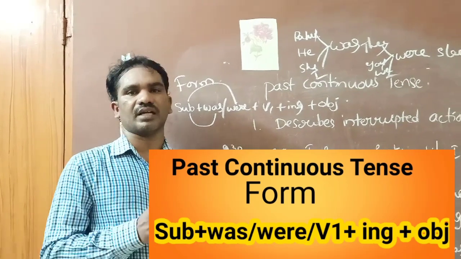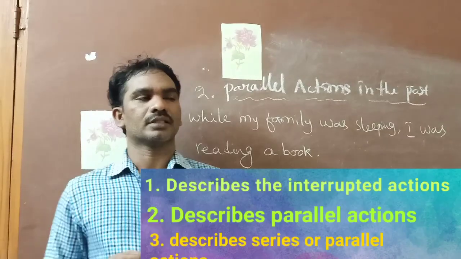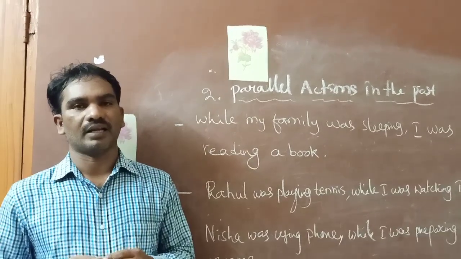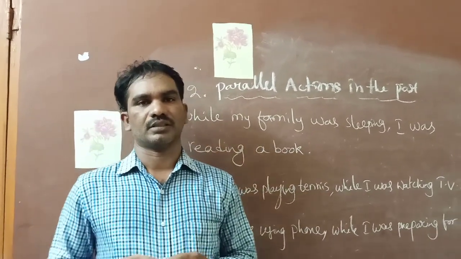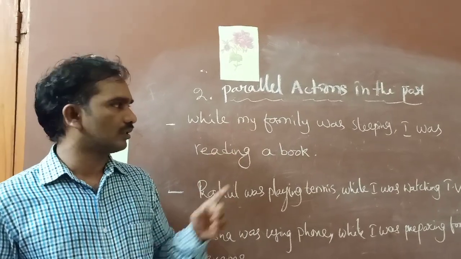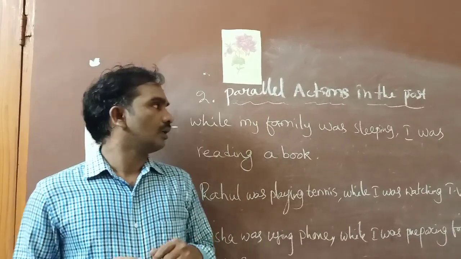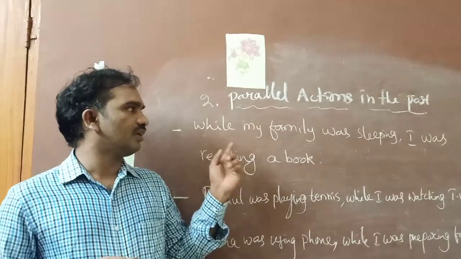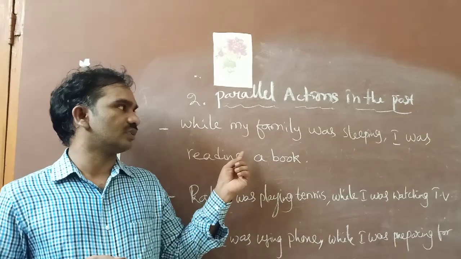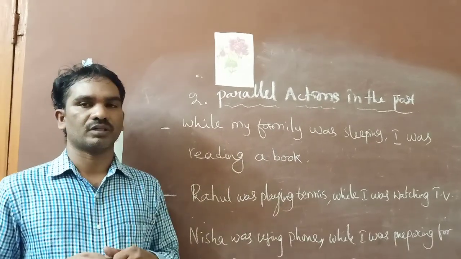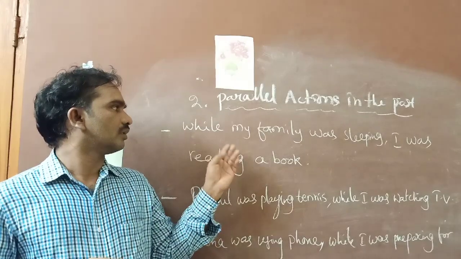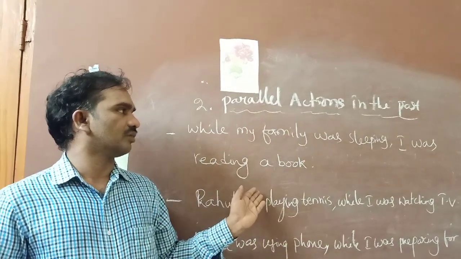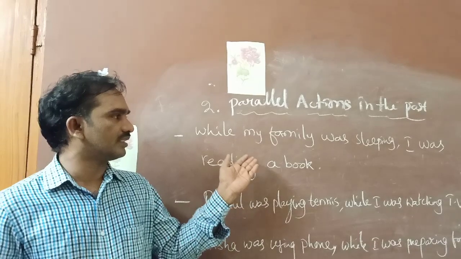Let's move to the second rule. The second rule is parallel actions in the past. Let's look at the examples. First example is while my family was sleeping, I was reading a book. So here these two are happening together, at the same time.